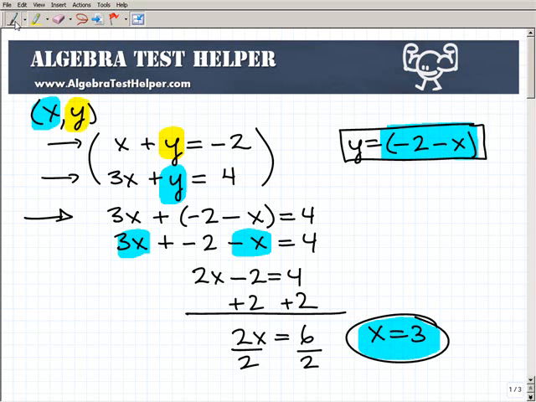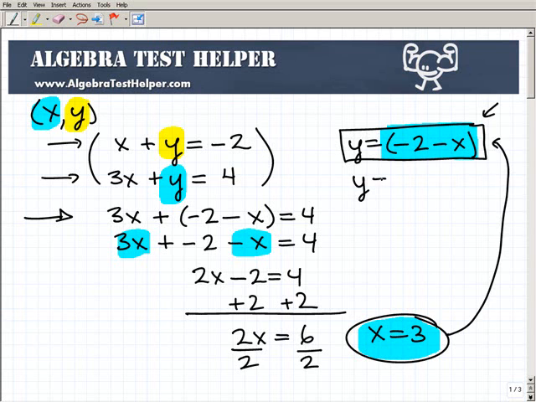We'll have our solution. So remember back in the beginning, step 1, I said draw a box around that first step. So we have y equals negative 2 minus x. To get y, all you have to do is take this x value and plug it right up here in this first equation, and you're done.